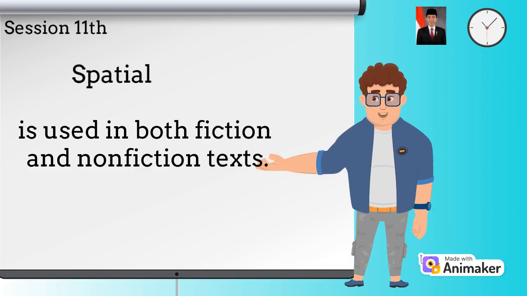Although spatial organization is typically fairly simple to spot, you should be aware that it is employed in both fiction and non-fiction writings. The material is typically arranged chronologically in fictional passages, but it occasionally appears spatially when the narrator is describing a location or a character's look.